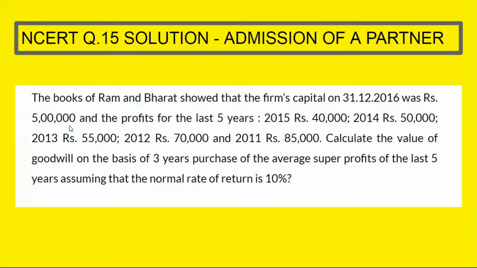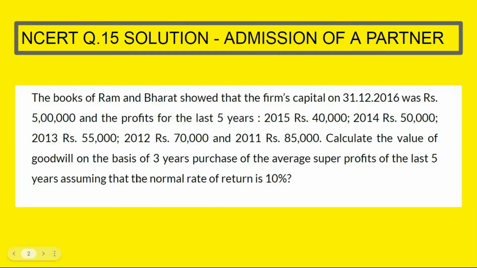The capital employed in the business is 5 lakh, and the profit for the last 5 years: 2015 it is 40,000, 2014 it is 50,000, 2013 55,000, 2012 70,000, and 2011 82,000 profit. So this is the past 5 years profit they have given. Capital employed by the business is given.